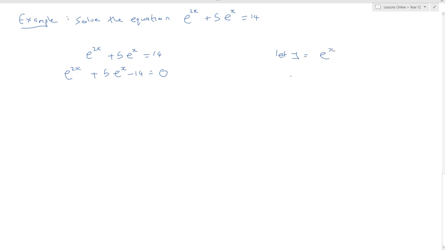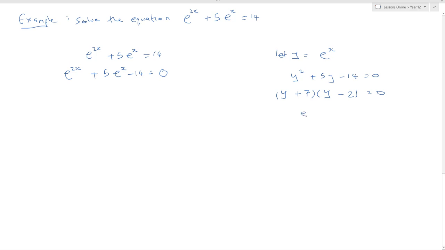Then that would mean that we'd have y squared plus 5y minus 14 equals 0. And then we could solve that in terms of y. So you'd have y, and then we need factors of 14. That's going to give us plus 5, so plus 7 minus 2.